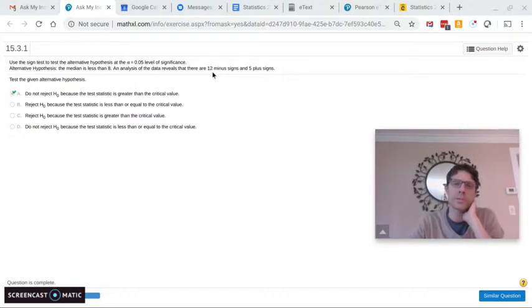So our alternate hypothesis is that the median is less than 8. These 12 minus signs are what we're preoccupied by, but K is actually defined by the other side. It helps to read the book carefully on how K is defined, but you can also think K is always the opposite of what I'm looking at. I'm worried about these 12, but K is going to be 5.